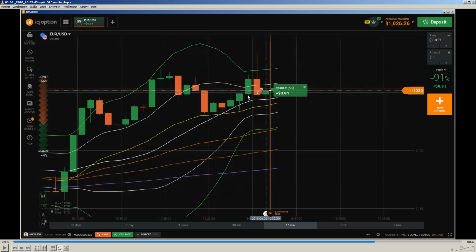And that is the reason why you should be aware of those kinds of consolidation areas and such things. You have the Bollinger Bands, you have the EMAs, and you can use them to give you an indication of what the market is going to do next, and how price could react.